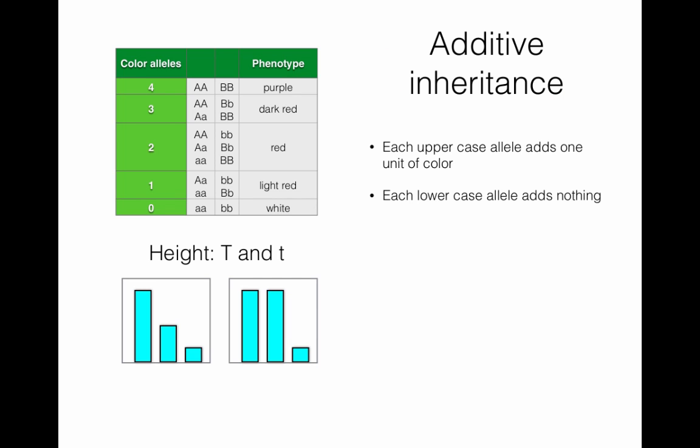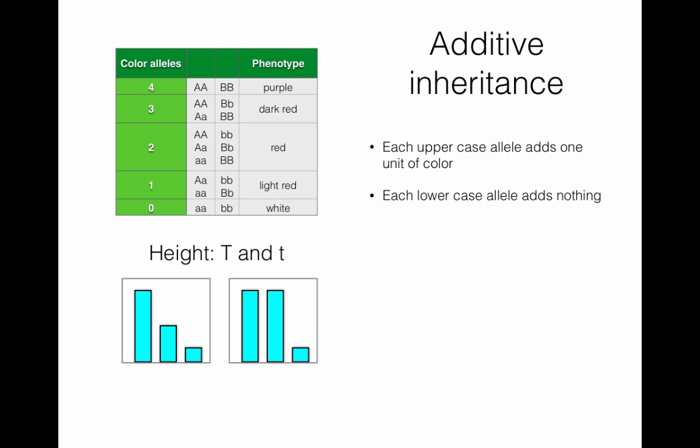We just stated it, and it was as follows. Each uppercase allele adds 1 unit of color. Each lowercase allele adds nothing. So when I look at any genotype, I can then calculate in an additive fashion what the phenotypic output should be. So for example, let's think of height.